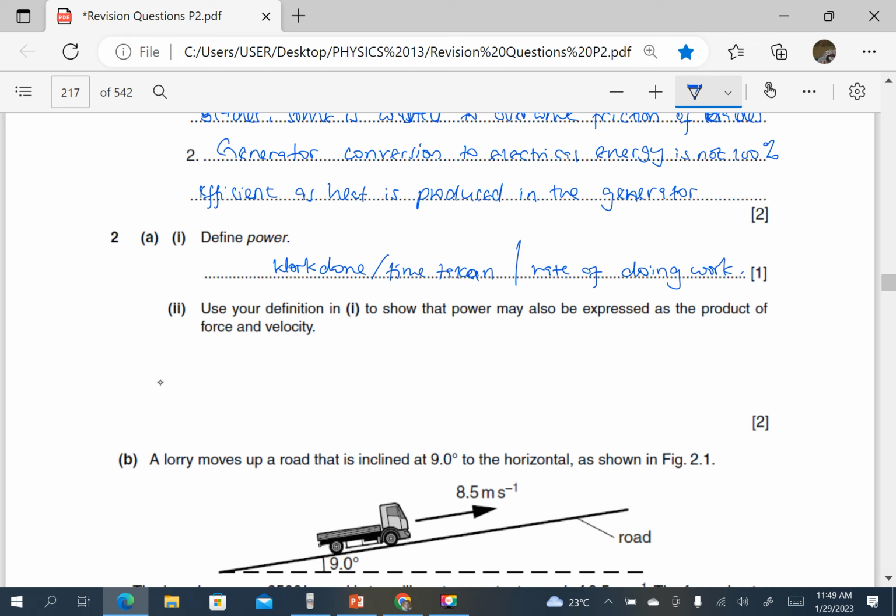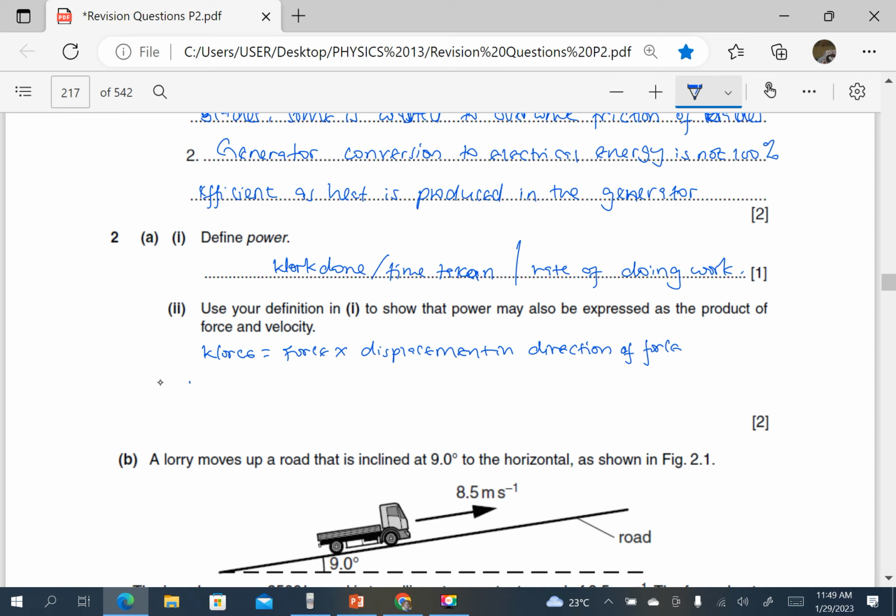Okay, so we have work done as force times displacement in direction of force. That is work done.